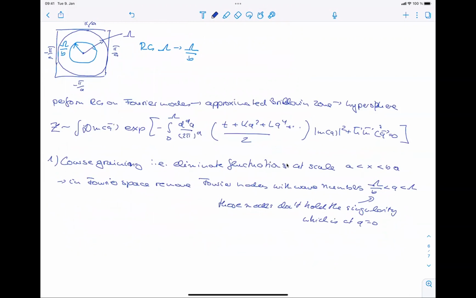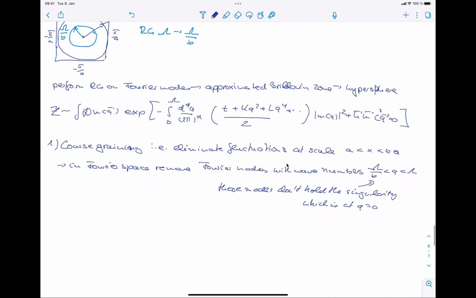So what does this coarse graining do to our partition function? Well, we have two factors of the partition function, one from those modes that we're taking out, from lambda over b to lambda, and the remaining part of it. So our partition function then becomes, and I'm dropping the functional integral for the moment, the functional integral I keep for the terms that I'm still integrating over.